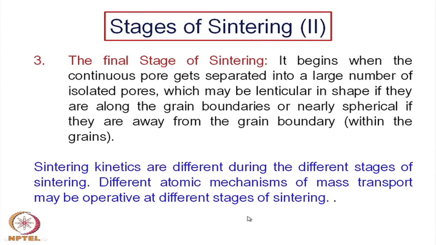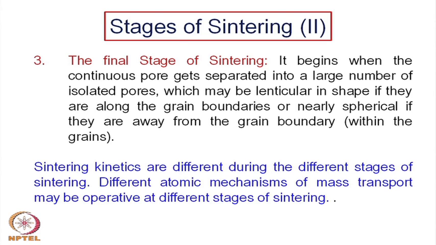And the third stage is called the final stage of sintering. It begins when the continuous pore gets separated into a large number of isolated pores. Towards the end, when the pore volume decreases quite significantly, because 90% densification has already taken place, starting from 50 to 60%, we have gone to more than 90%.